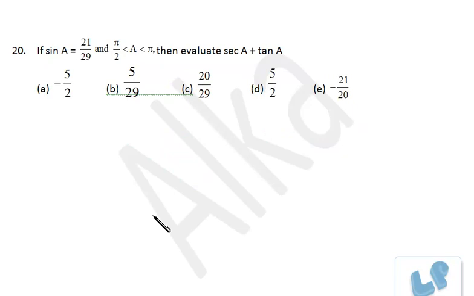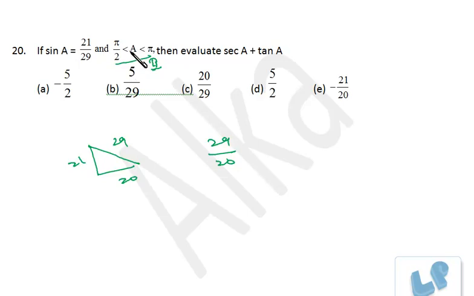Now this one, sin A is 21 by 29, A is pi by 2 to pi, that means second quadrant. Be careful, in the second quadrant, cos and tan both of them will be negative, right? So first of all, we have to find out the value of the third side. So it's 21, this is 29. So it's 841 minus 441, that means this is 400, that means this is 20, right? So sec A will be what? The reciprocal of cos A. Cos A is 20 by 29, so sec A will be 29 by 20.